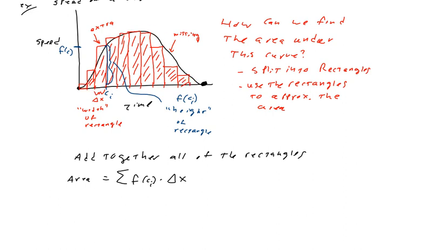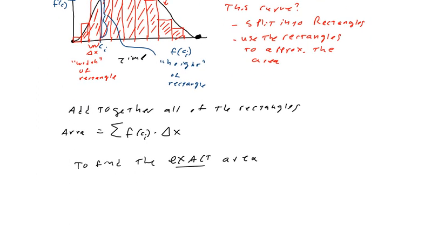Well, the way that calculus finds the exact area is we add more rectangles. We make the width of this smaller and smaller and smaller.